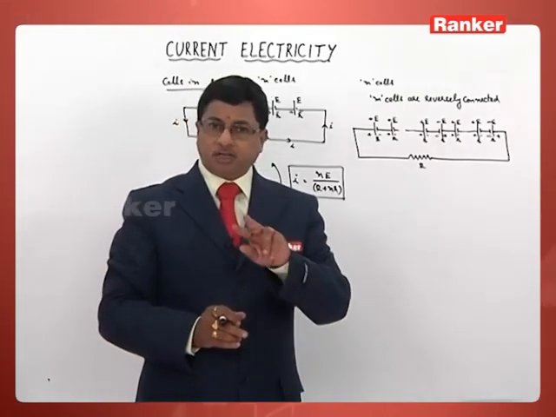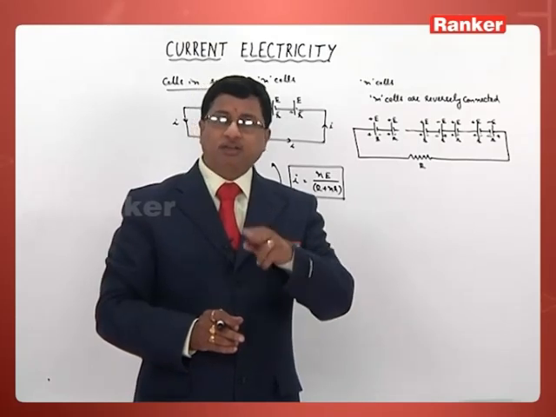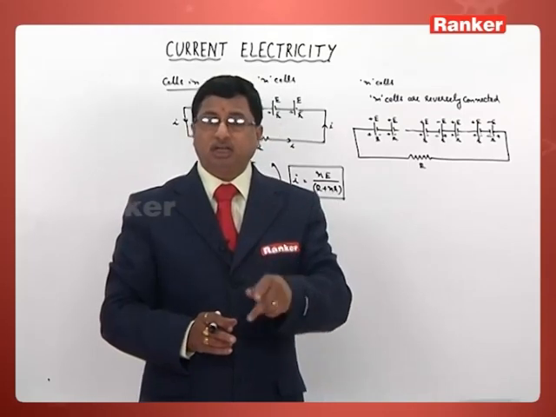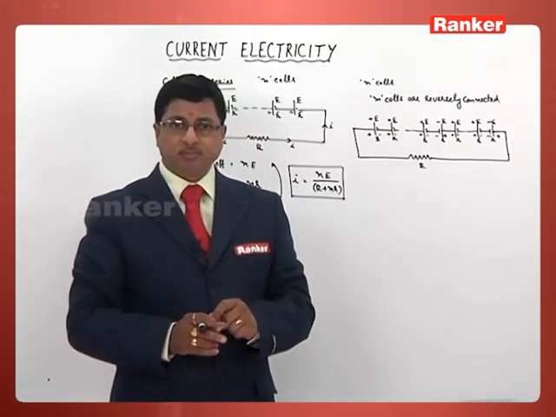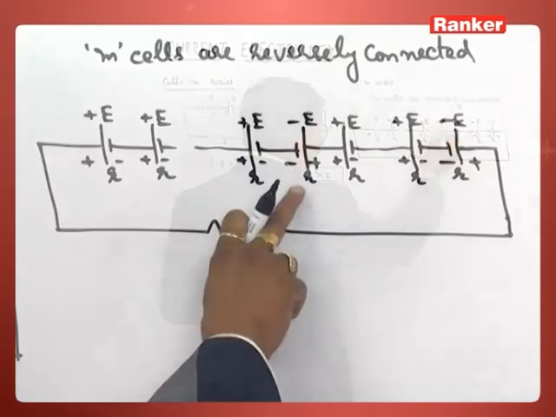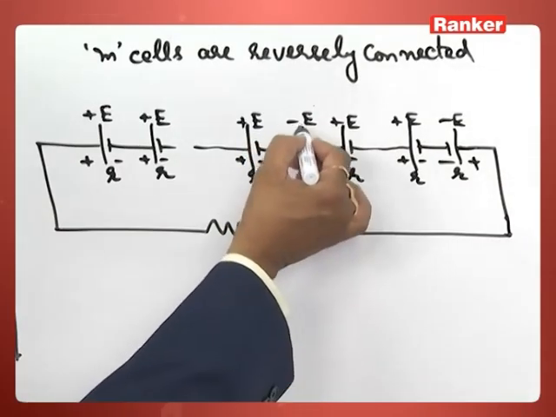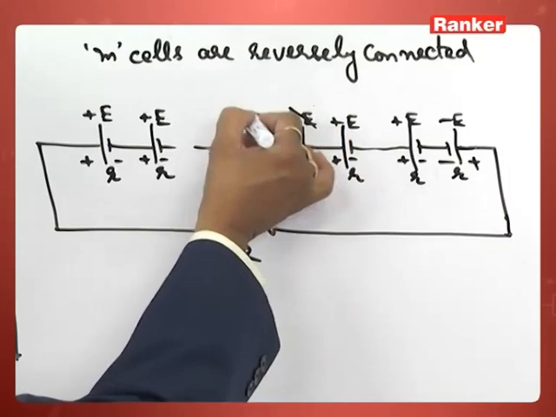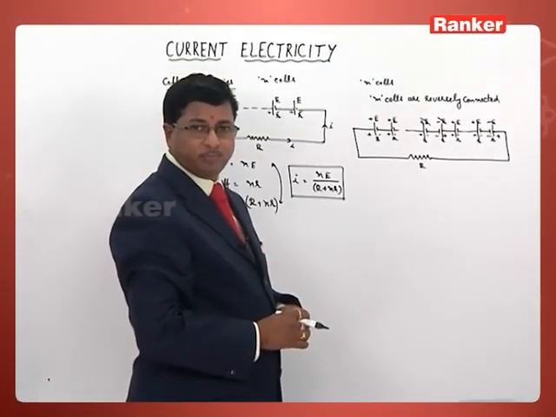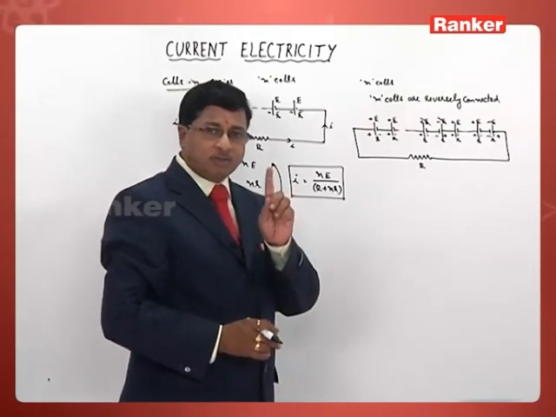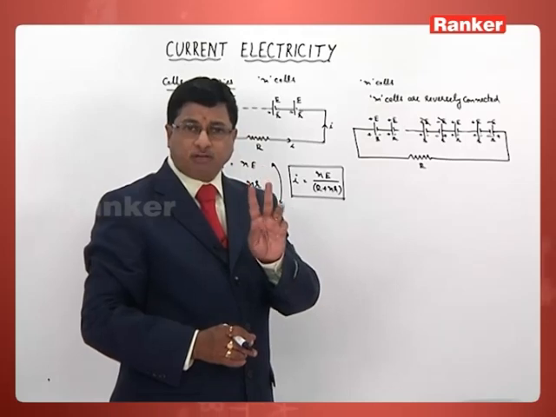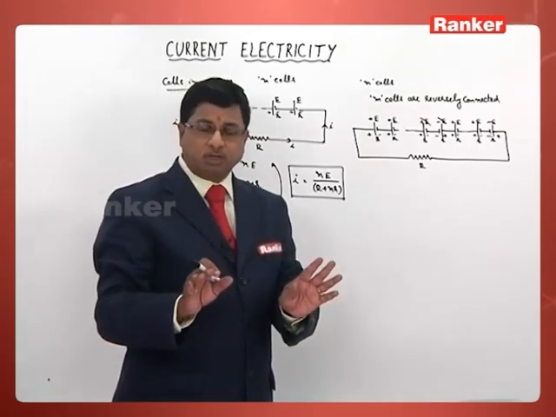The cell which is connected reversely cancels the EMF of another cell which is connected in a regular way. For example, if I take this cell which is reversely connected, that cancels the EMF of one more cell. So if one cell is reversed, totally the EMF of two cells in the entire circuit get cancelled.